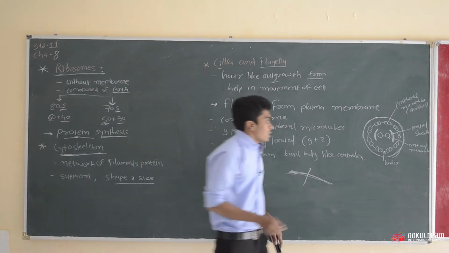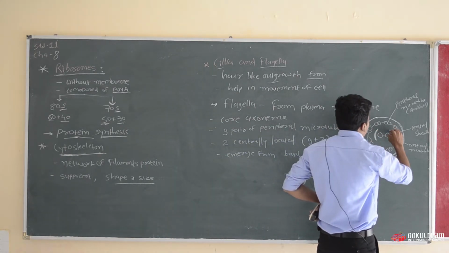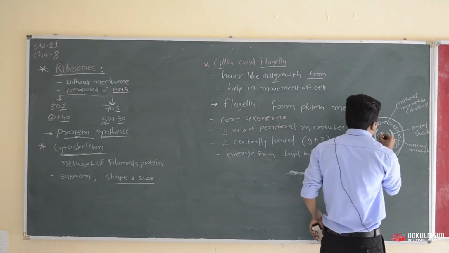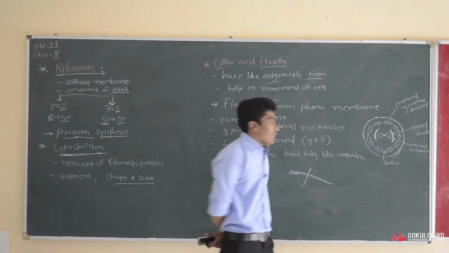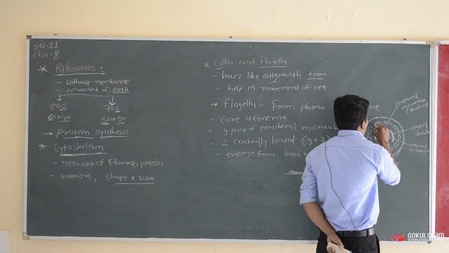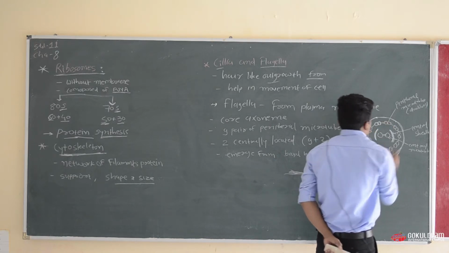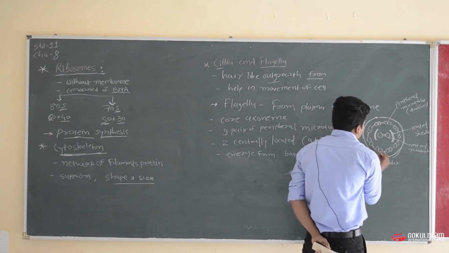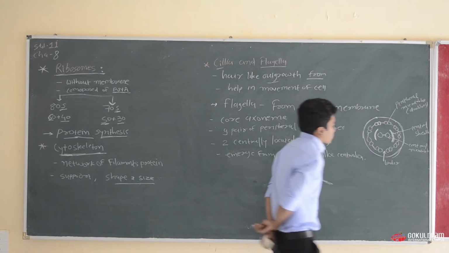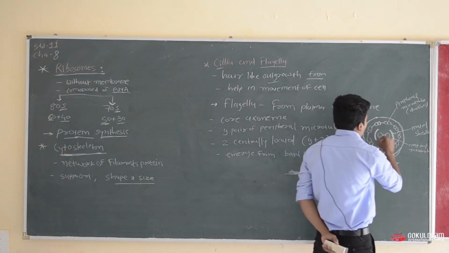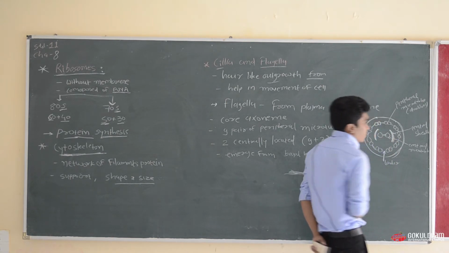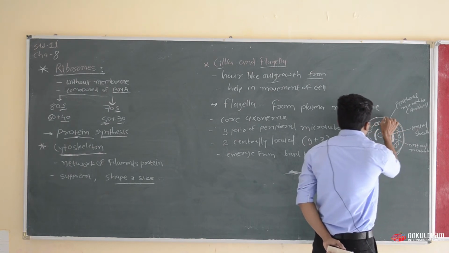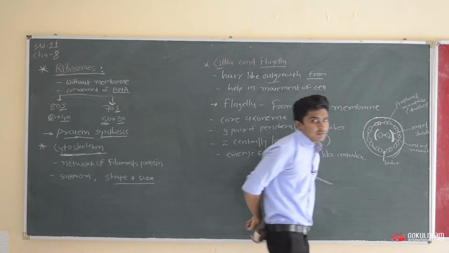In the core there are two central microtubules connected to each other, and there are 9 peripheral doublet microtubules, all connected with each other by linkers. The central part, the axoneme, is covered by a sheath-like structure. So this is the ultrastructure of the flagellum.